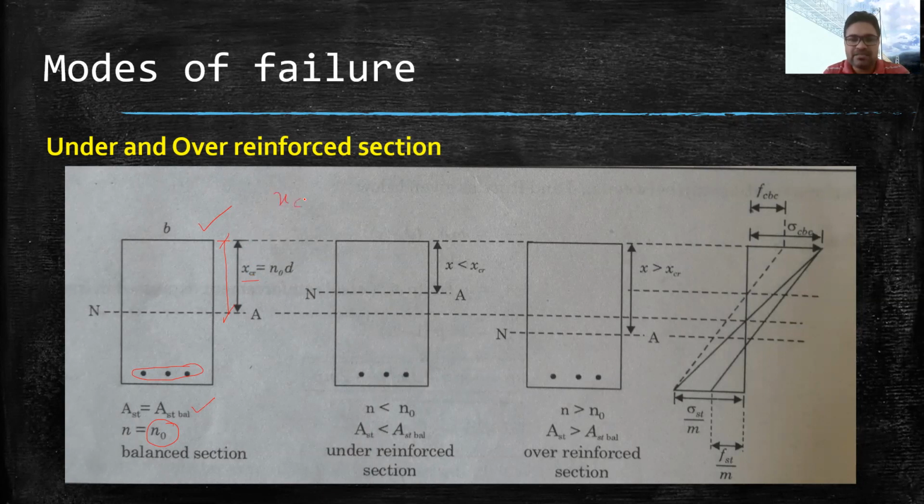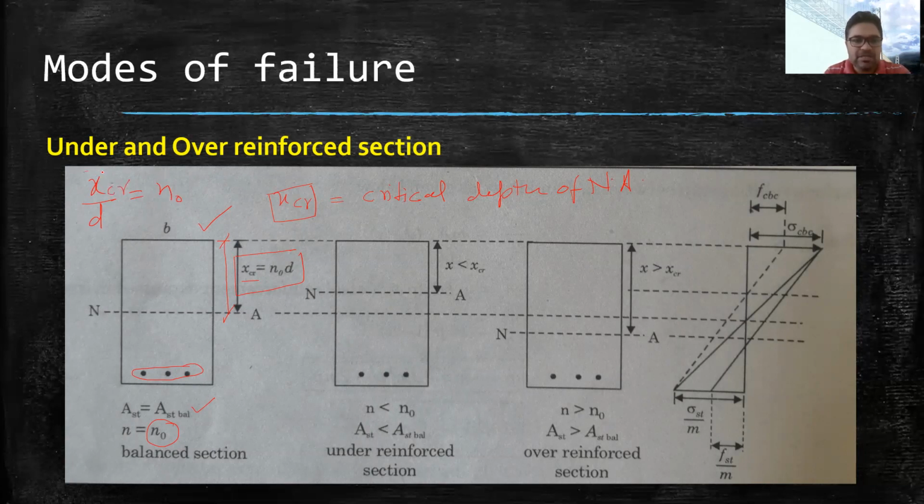So I'm writing here, XCR is the critical depth of neutral axis. In case of a balanced section, the depth of neutral axis is termed as XCR, and XCR can be calculated using this relation, because we already know that X by D is N, and in case of a balanced section, N becomes N naught and X will become XCR.